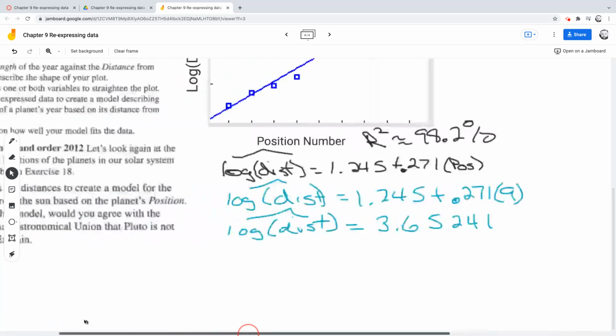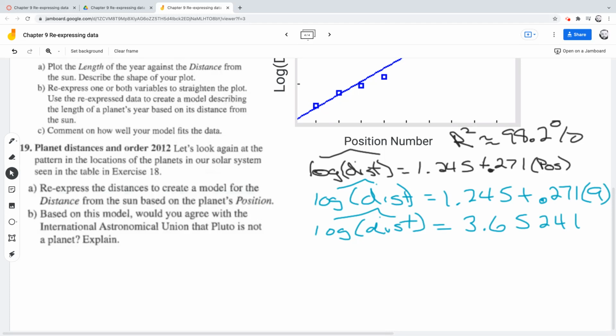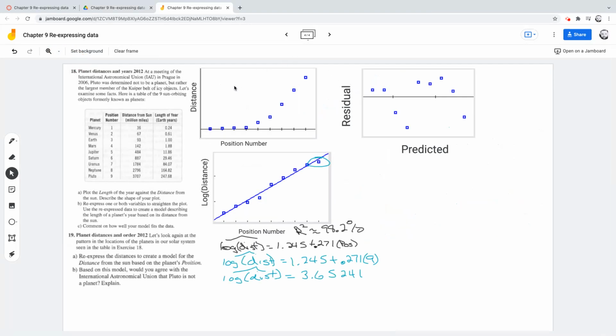And so for part B, at first glance, let me zoom out so you can see all the data now that I've got it all plotted out. So part B says, based on the model, do you agree that Pluto should not be a planet? So at first glance, this model appears to provide little evidence to support the contention. In other words, it looks like a planet.